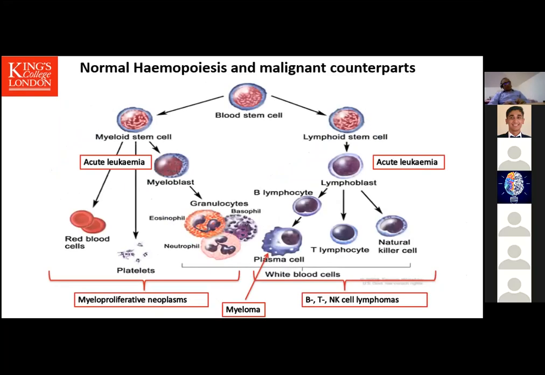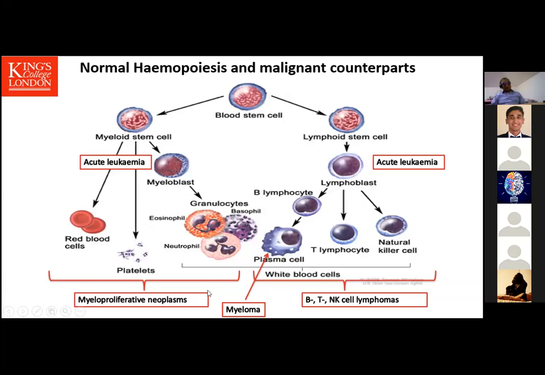That is a cartoon of normal hematopoiesis and its malignant counterparts. We have a blood stem cell, which differentiates into myeloid stem cells and lymphoid stem cells. The myeloid stem cells differentiate further into red cells, the myeloid series, and platelets.